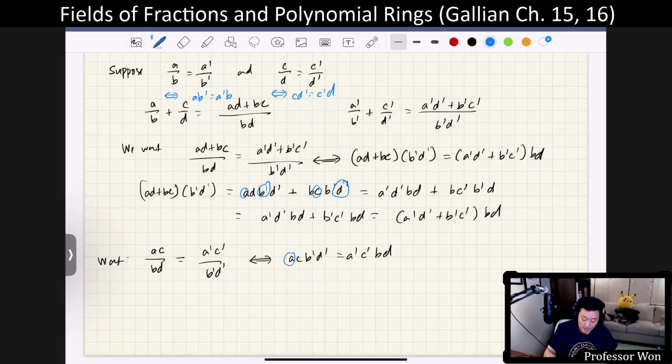We already said that AB prime is the same thing as A prime B, and that CD prime is the same thing as C prime D. So those are in fact equal, because A over B equals A prime over B prime and C over D equals C prime over D prime. Hence, addition and multiplication are both well defined.